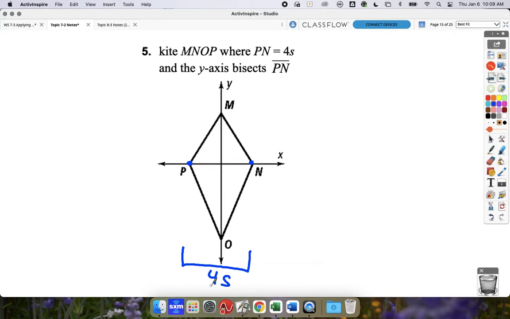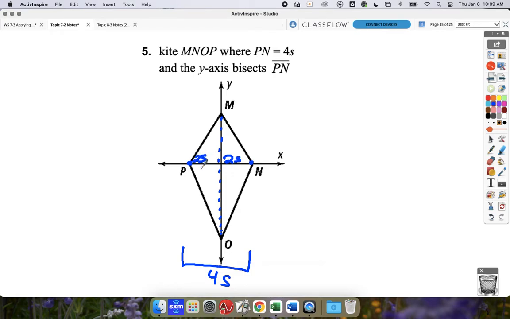That's just how it is. They said it, 4S. But the y-axis cuts that PN in half, bisects it. So this length is 2 S's, and this length is 2 S's.